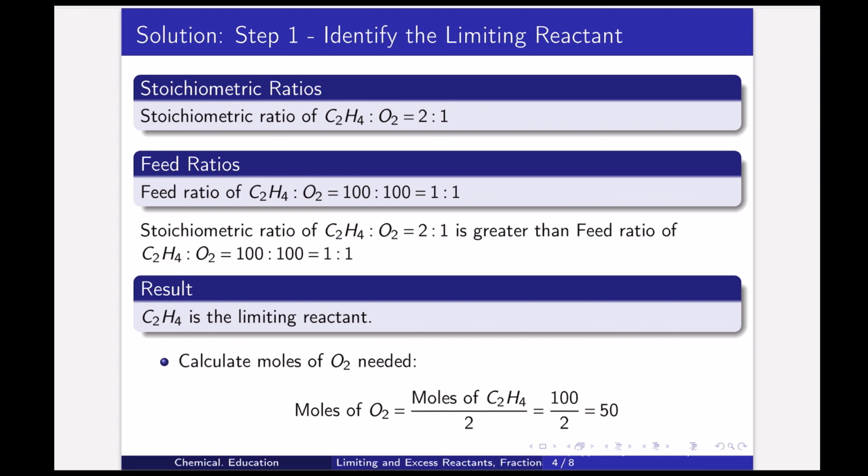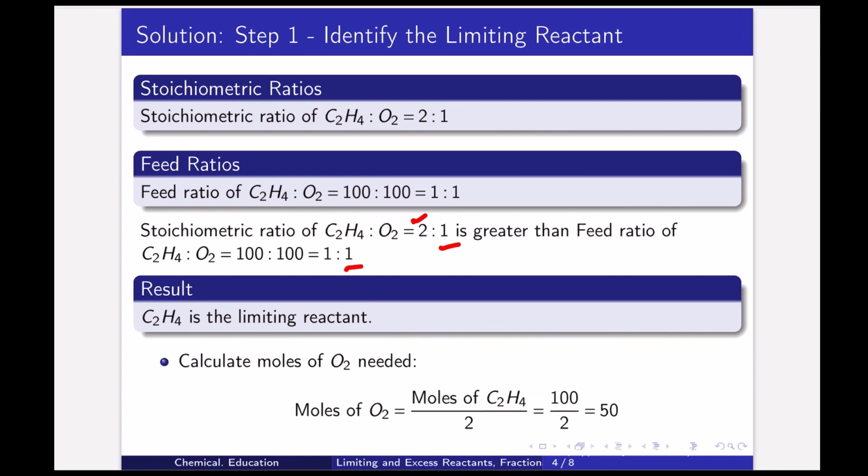So the feed ratio of C2H4 to oxygen is 100 to 100, that is 1 to 1. The stoichiometric ratio of C2H4 to oxygen is 2, which is greater than the feed ratio of 1. So C2H4 is the limiting reactant.